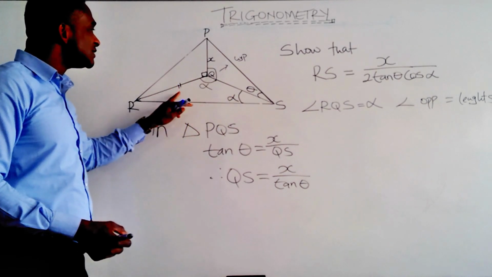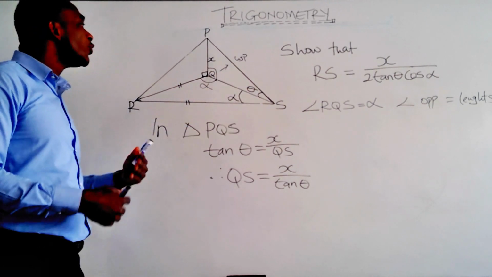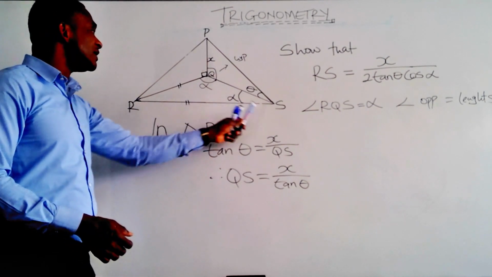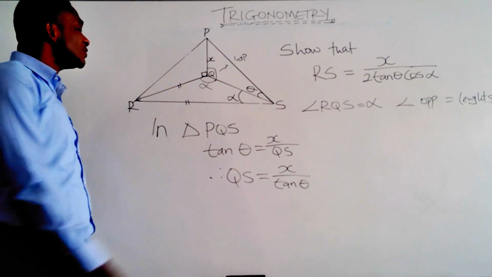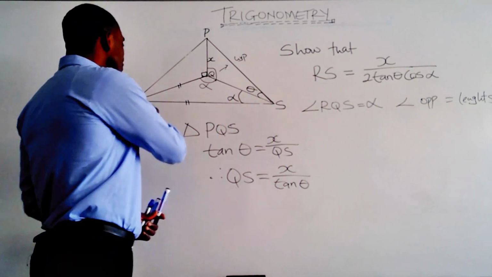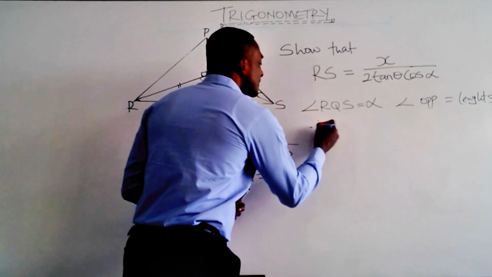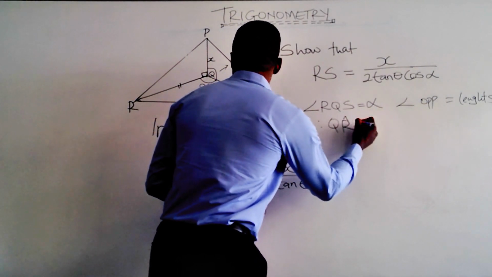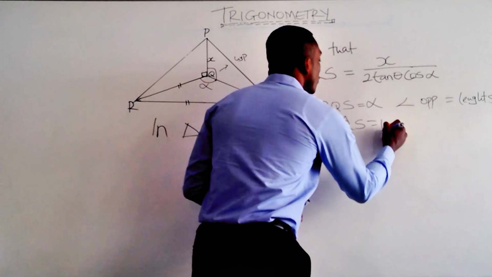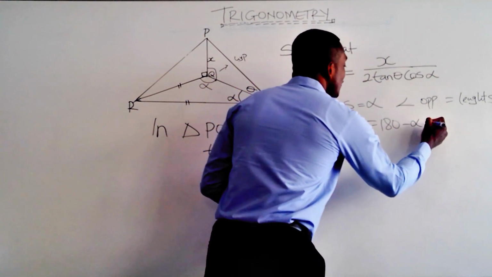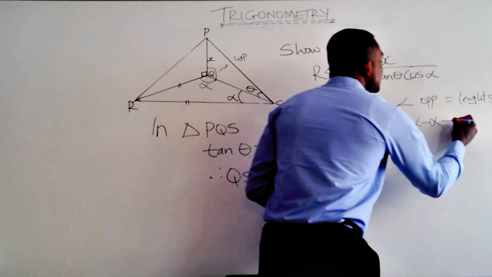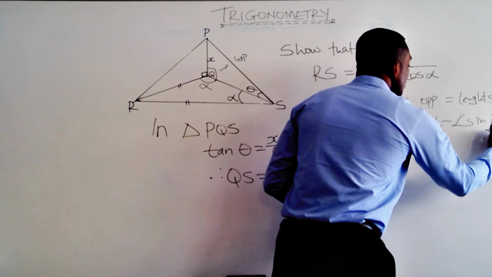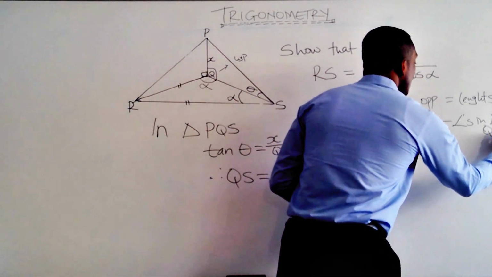So with this, we have two angles here. We don't know the length of the side, but we've gotten the length of QS. So we can use the sine rule to work around RS. We can use sine rule because we have QS, and we can also get angle R. Therefore, our angle QRS will be 180 minus alpha minus alpha. Our reason is the sum of angles in a triangle QRS.